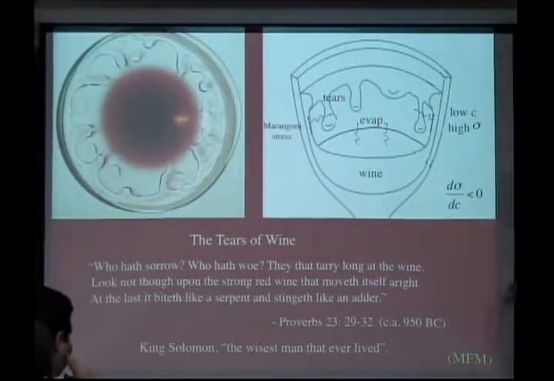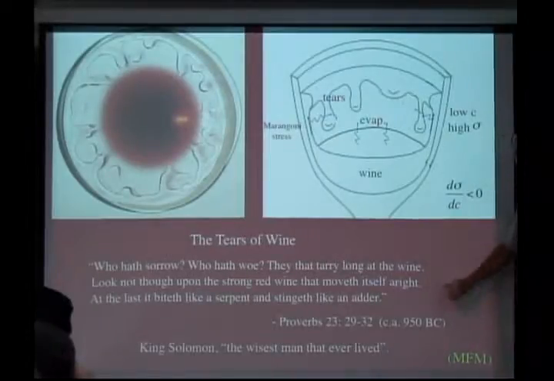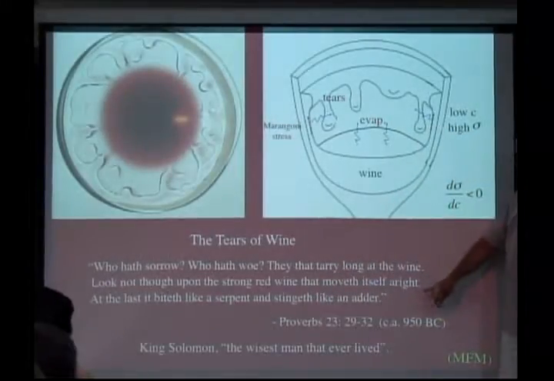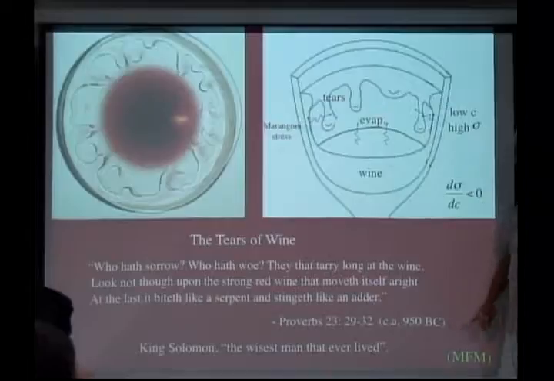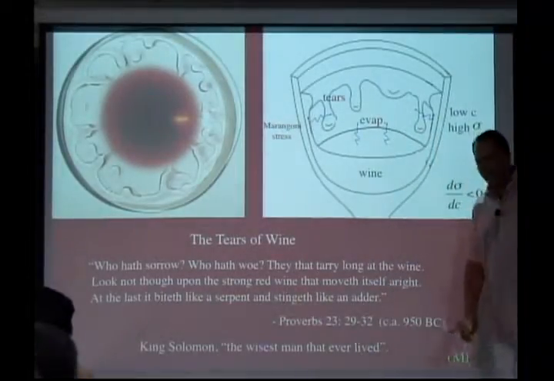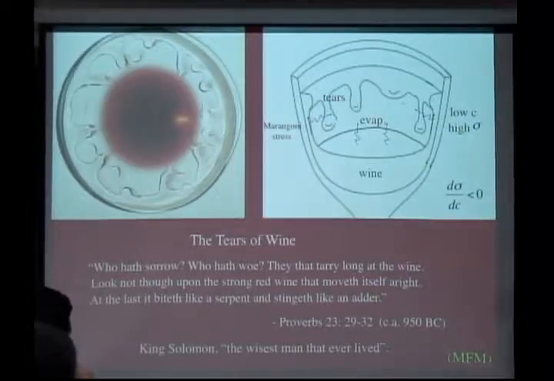This is Old English: who hath sorrow, who hath woe, so who's sad? Those that spend too much time with the wine. Then don't look at the strong red wine that moveth itself aright, which means that it climbs in the glass. At the end, it bites like a snake and stings like a different type of snake, an even worse snake.